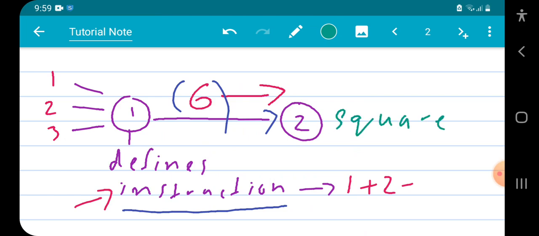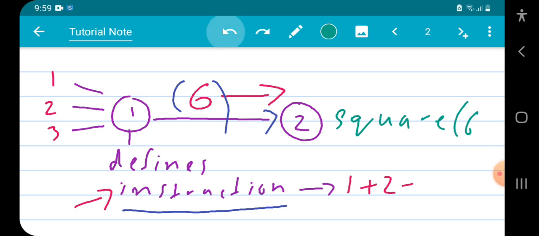Therefore, the difference between artificial neurons lies in what instructions or process they follow on the given data.